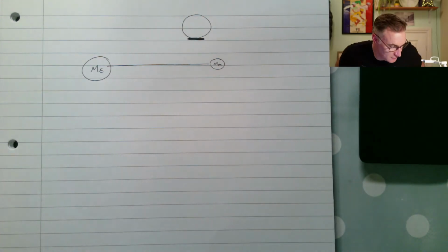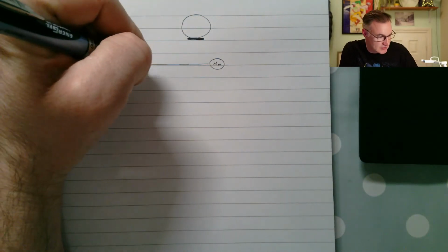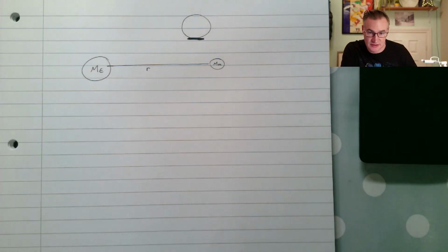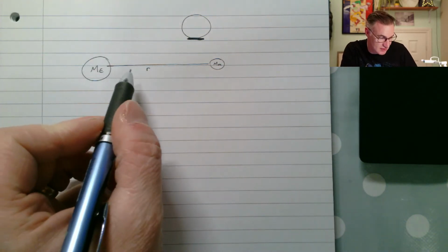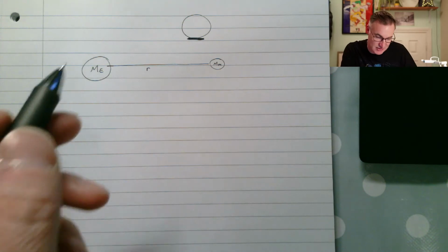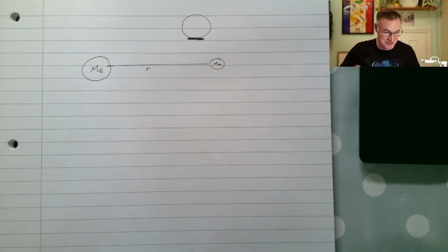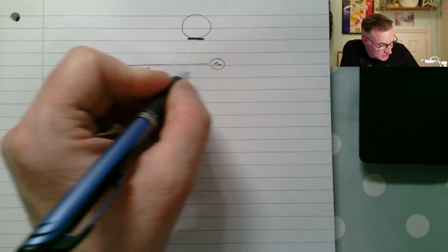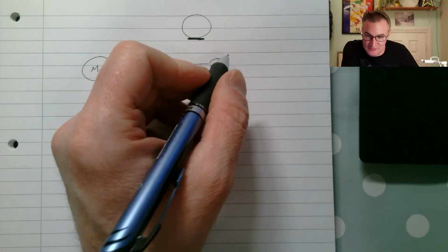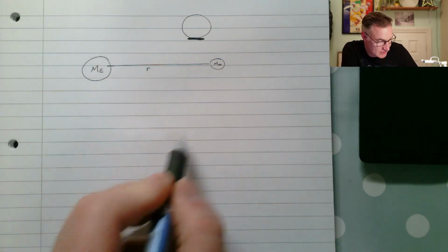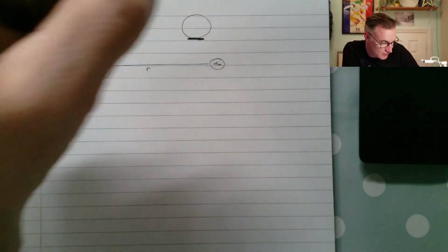And so anyway, we know the distance between the Earth and the Moon. The next thing we need to know is the period, how long it takes for the Moon to make one complete revolution of the Earth.